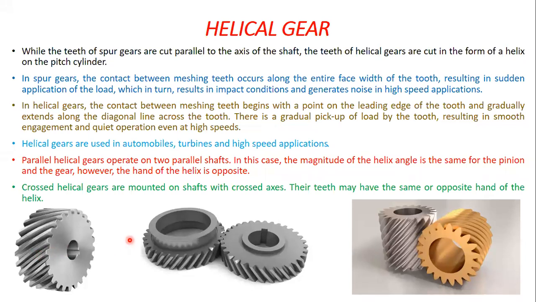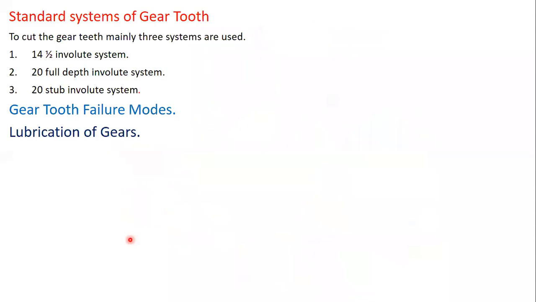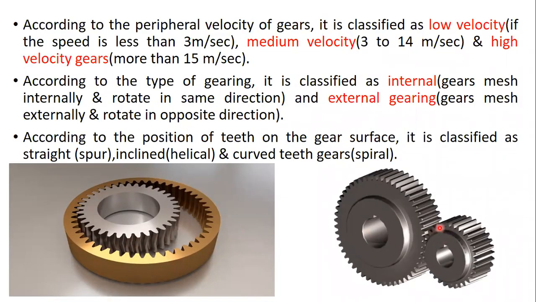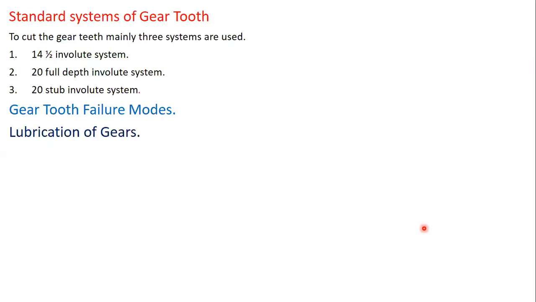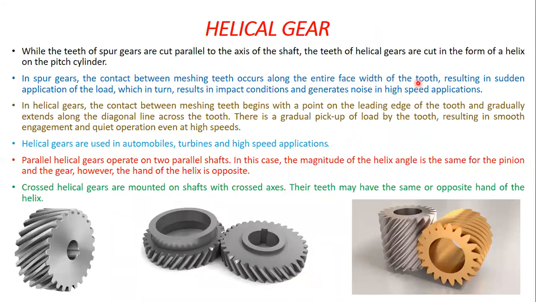The meshing of the two gears takes place on the entire face width of the teeth. As a result, there will be sudden application of the load, which will result in impact conditions, like a sudden impact load on the gear. Because of that it will generate more noise.